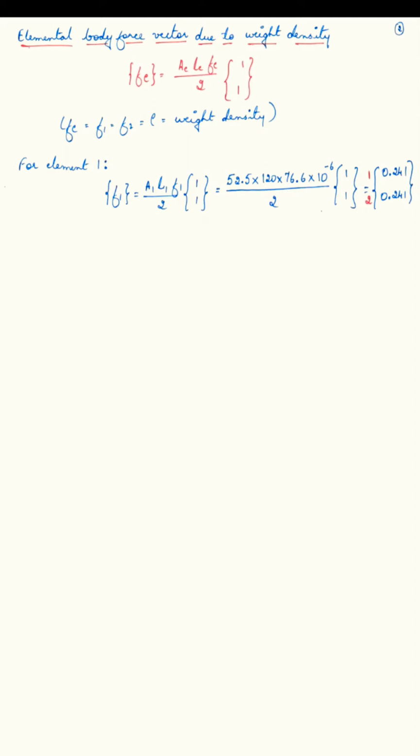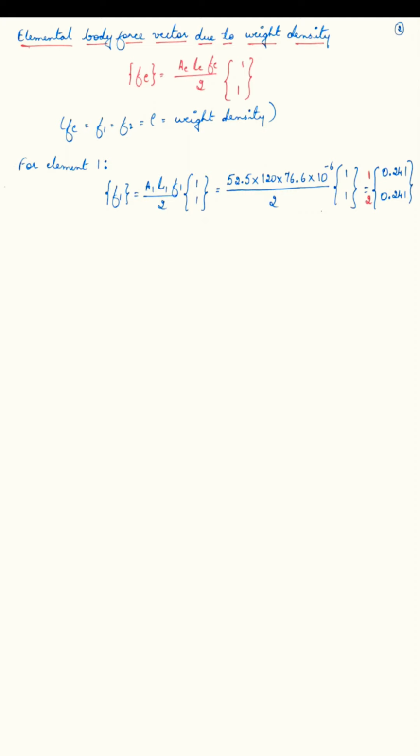So 52.5 mm² is the area, L1 is 120 mm, and 76.6 into 10 to the power of minus 6 Newton per millimeter cube is the weight density at element 1, divided by 2. The value you get, 0.241, we directly multiply into the vector 1 1 to obtain 0.241 and 0.241.